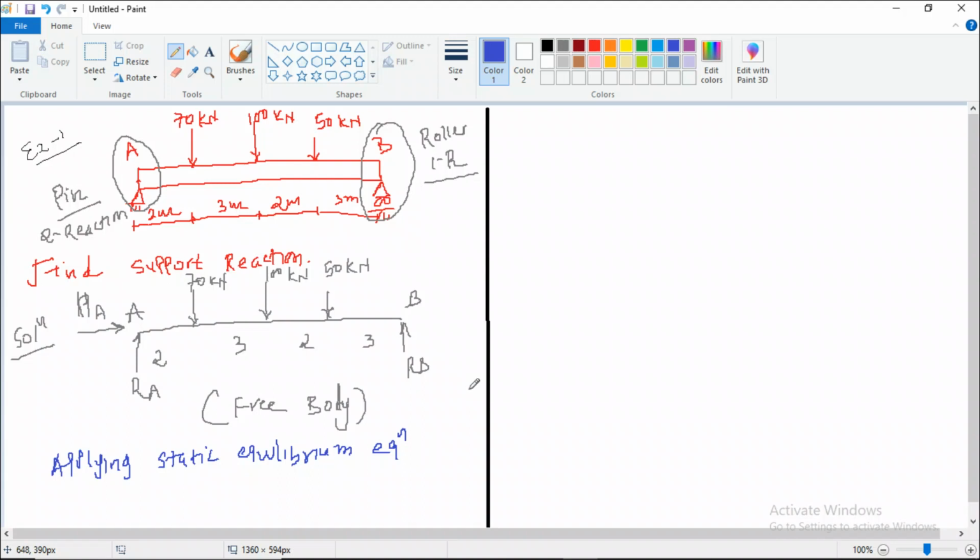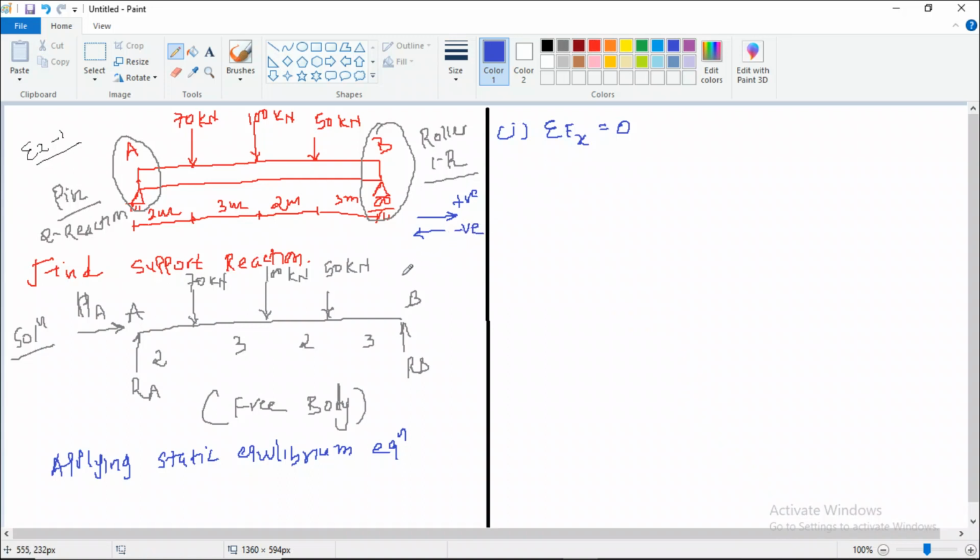First equation, that is summation of horizontal force is equal to 0. Now we need to see in this free body diagram how many horizontal forces are there. Before that we consider the sign convention. So left to right force will be considered as positive, and the opposite direction we consider as negative.